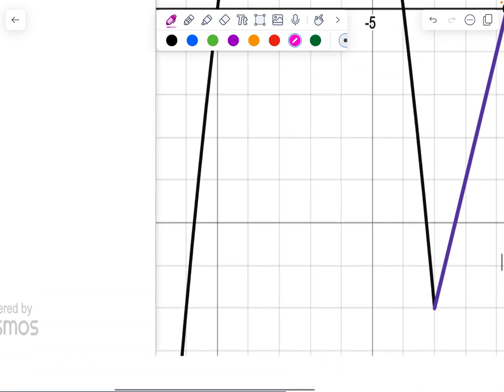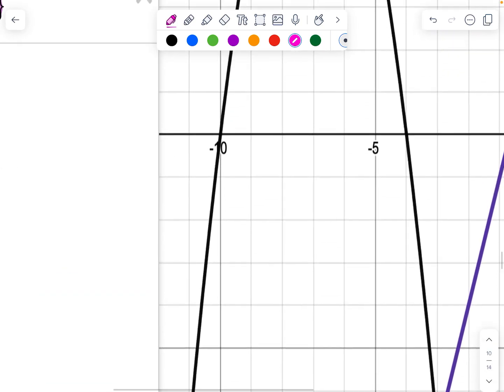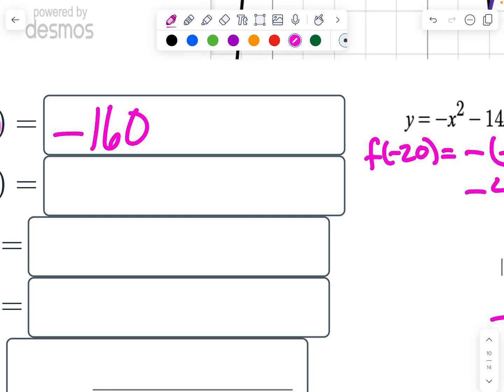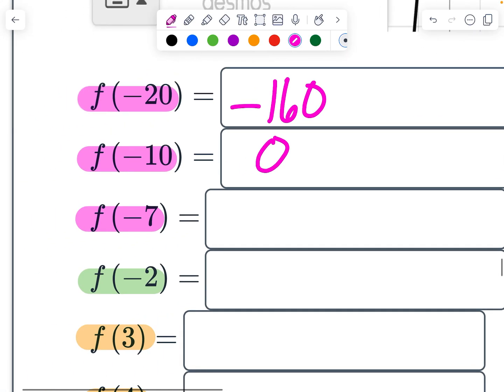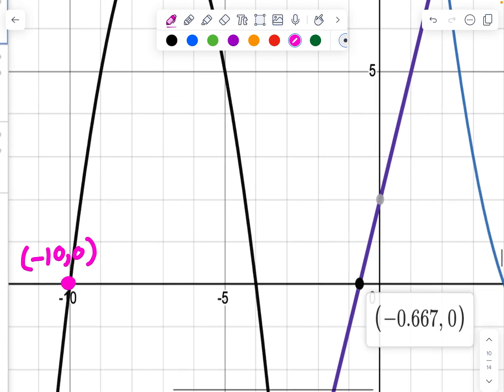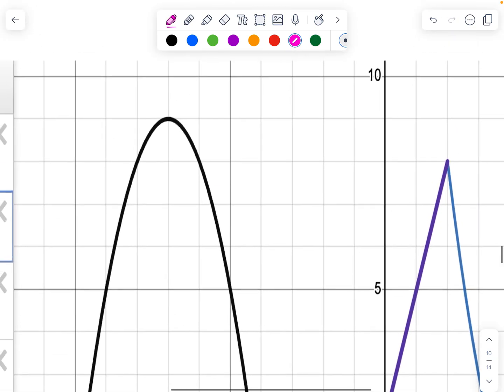But here's the thing. -10 is right here. That's the ordered pair -10, 0. So 0. And -7. -7 is right here.